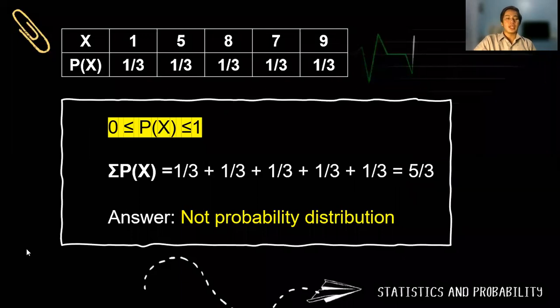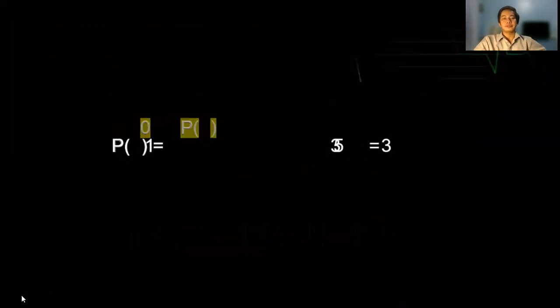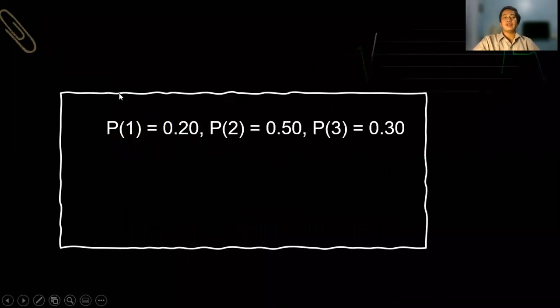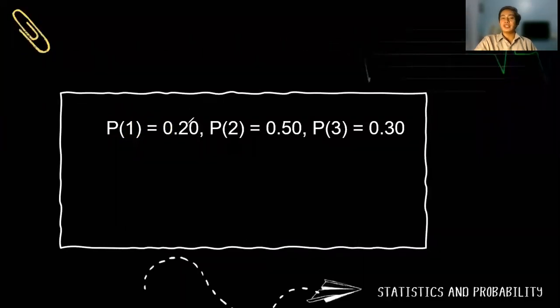Let's have now the next example. Suppose that the given are: the probability of random variable 1 is 0.20, the probability of random variable 2 is 0.50, and the probability of random variable 3 is equal to 0.30.